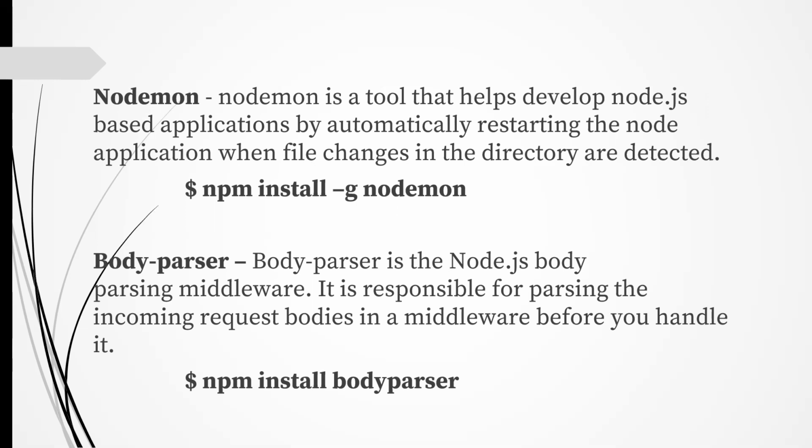Then another is body-parser. Body-parser is a Node.js body parsing middleware. It is responsible for parsing the incoming request bodies in the middleware before you handle it. For that, we can use the command npm install body-parser.